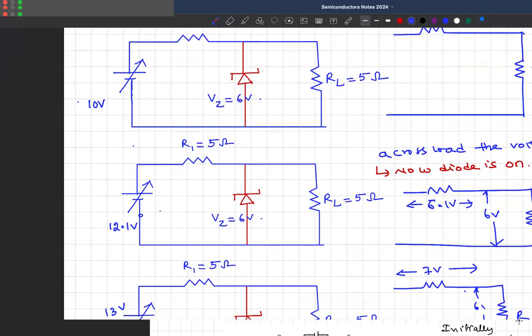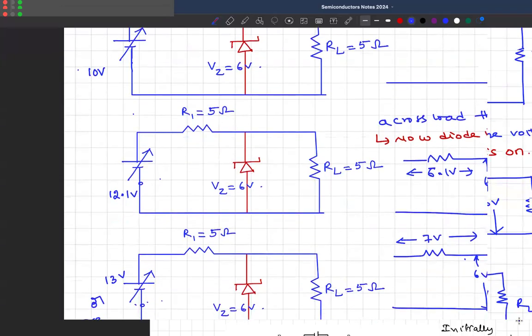What did you notice? Once you cross 12, thereafter across the load, the drop is always maintained 6 volts. This is called regulation, voltage regulation.